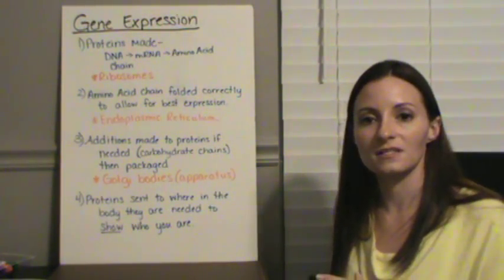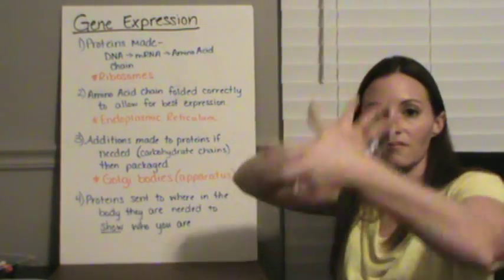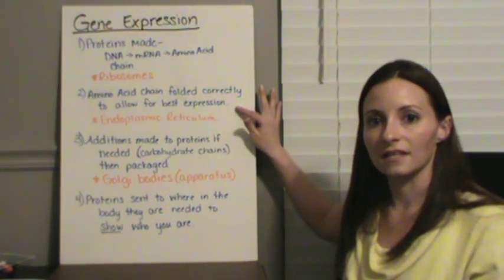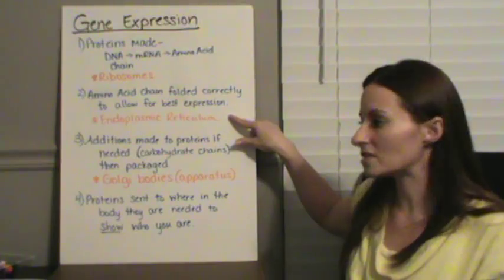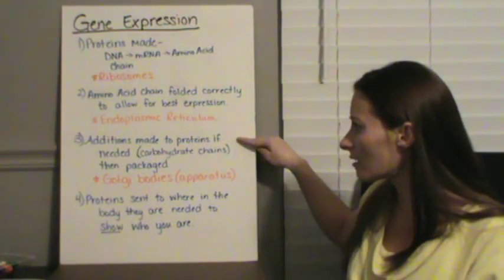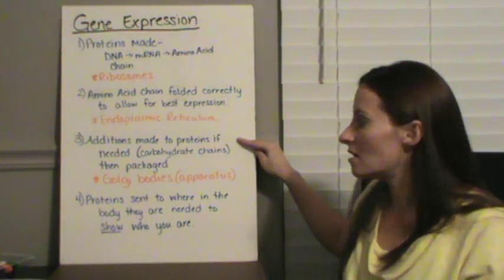Now we're going to take that long chain of amino acids, and it needs to get folded into a correct shape. Once it does that, it gets transported from the endoplasmic reticulum into the Golgi bodies or Golgi apparatus. That's where additions are made to the proteins if it needs to happen.